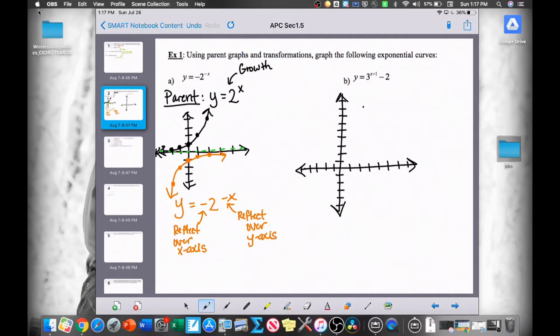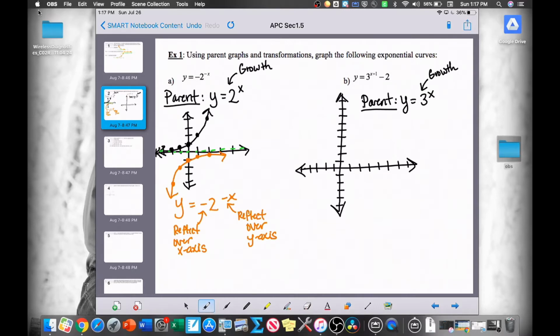All right, and my parent graph here is y equals 3 to the x, which again, because my base 3 is a number greater than 1, this represents growth. It is going to grow faster than letter A, which was 2 to the x, because the base is bigger. The bigger the base, the faster the exponential curve climbs.